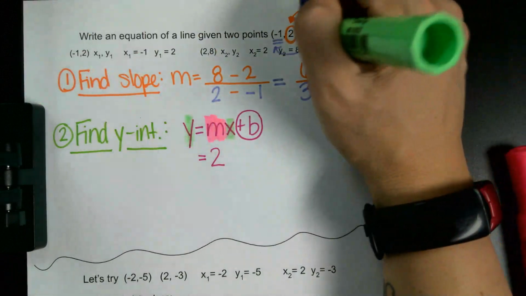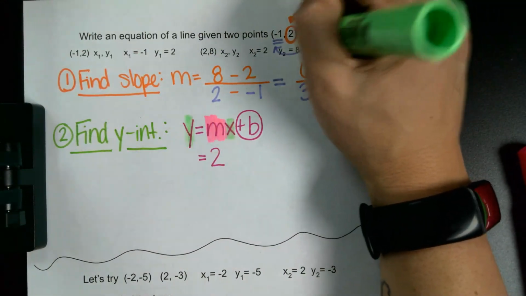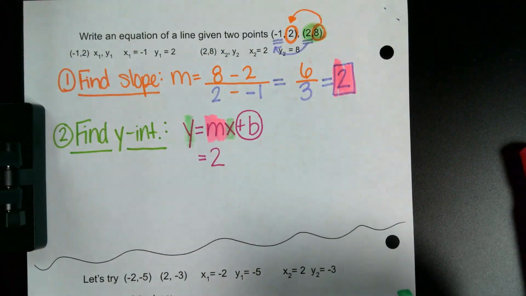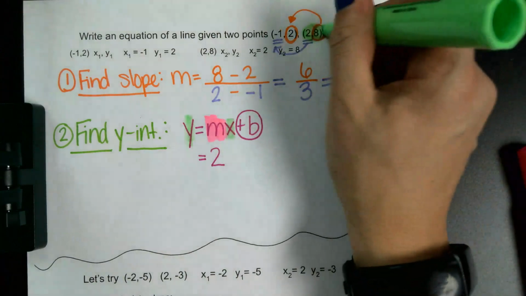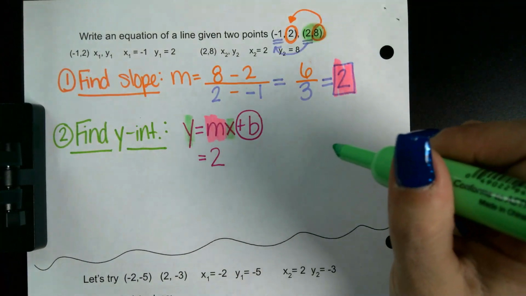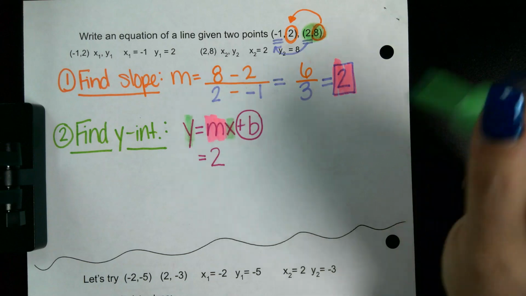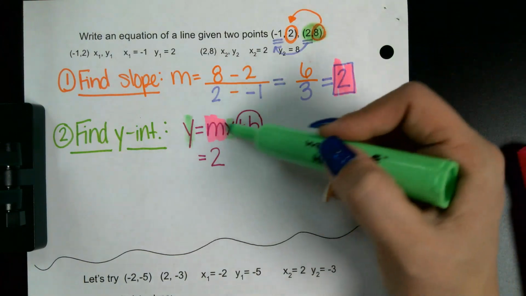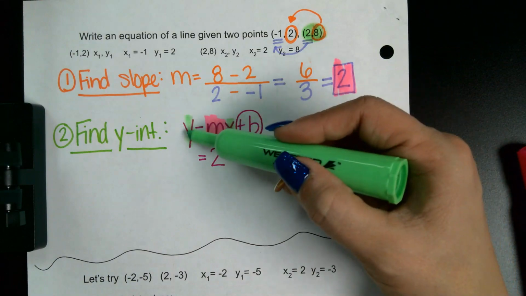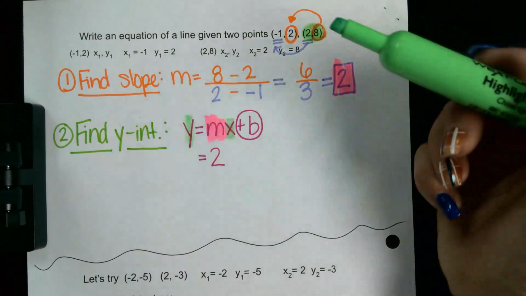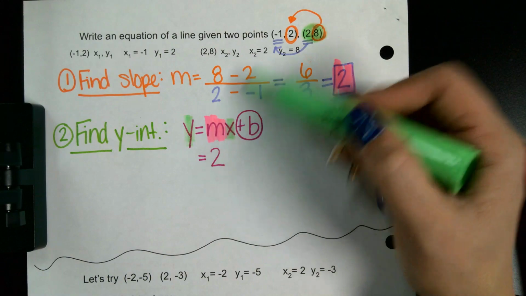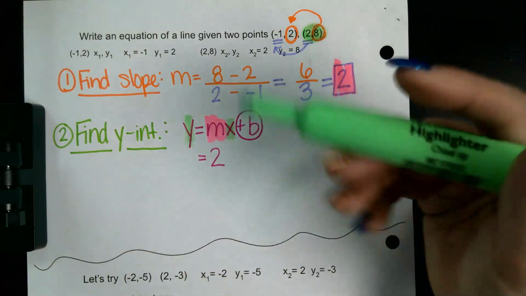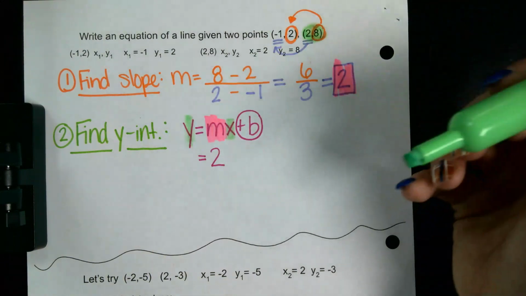So I ended up using these two numbers. I used the 2, 8 as my ordered pair. Do you have to? No. Half of us right now could use the 2 and the 8. I'd put my 2 here and my 8 here. Half of you could use -1 here and the 2 here, and we'd all get the same answer.